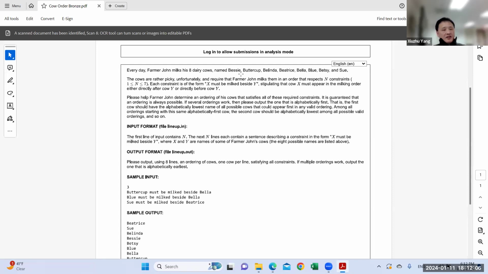And how do we do that? You see this constraint there. Obviously there will be a lot of possibilities, but if each one is a possibility, then you need to print out the alphabetically lowest one.